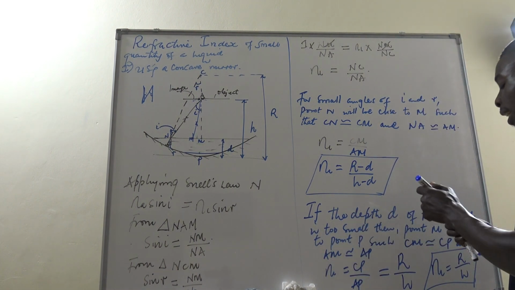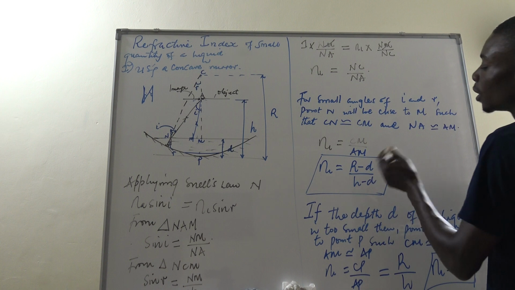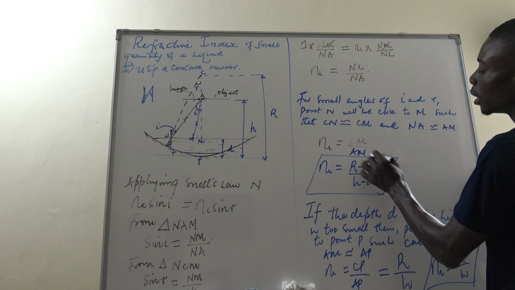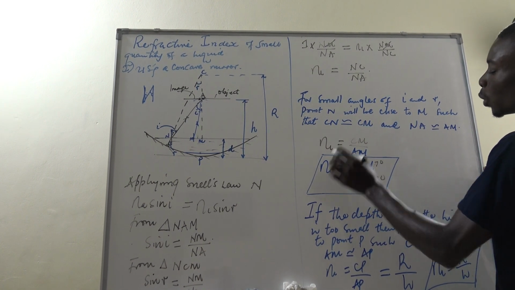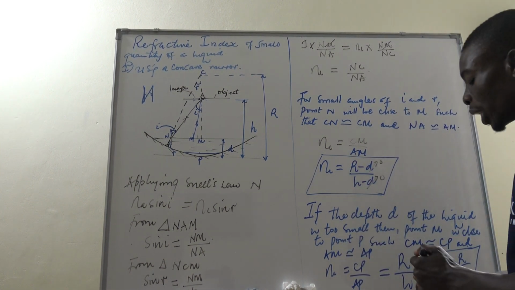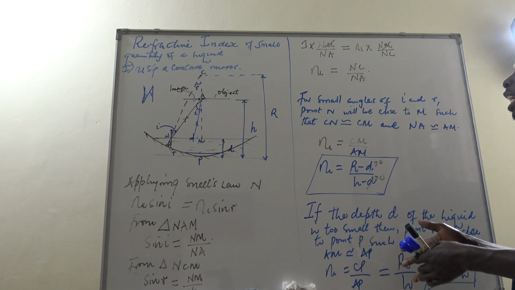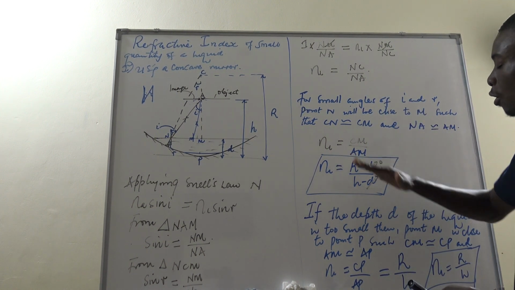So it is like saying that if the depth of the liquid is too small, it is approximately 0. It's like taking this one to tend to 0, so that the formula is R out of H. But we need to make some assumption that should be shown with that. So it is either this or this.